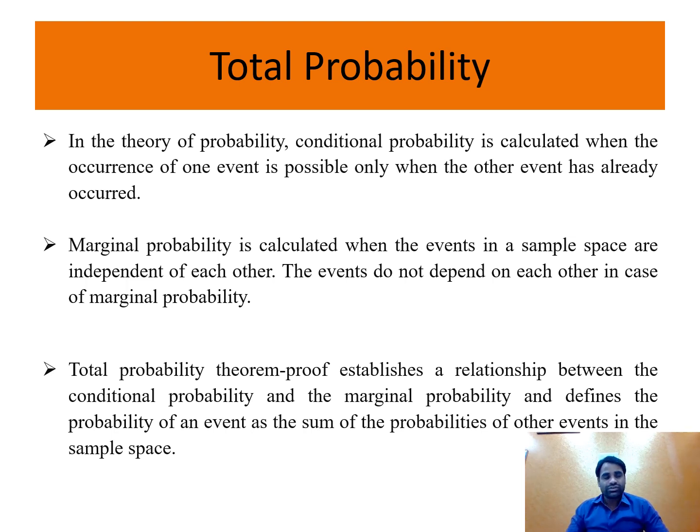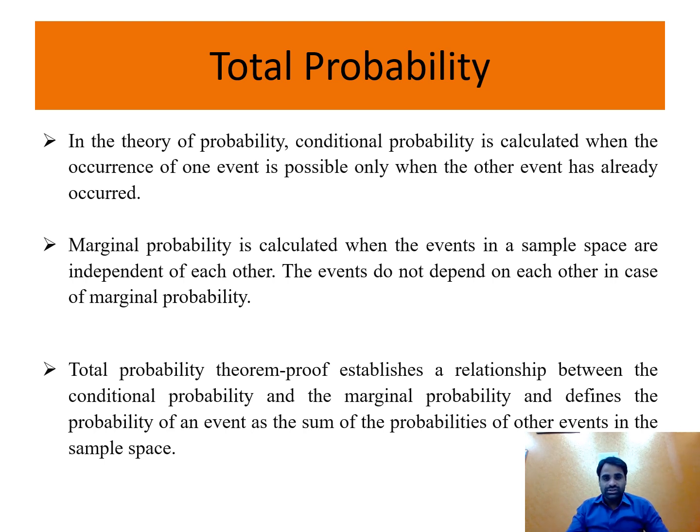We also have to know the basics: what a sample set is, what an event is, what a mutually exclusive event is, what an independent event is, what joint probability is, and what conditional probability is. These are the basic things we have to know before studying the total probability theory.